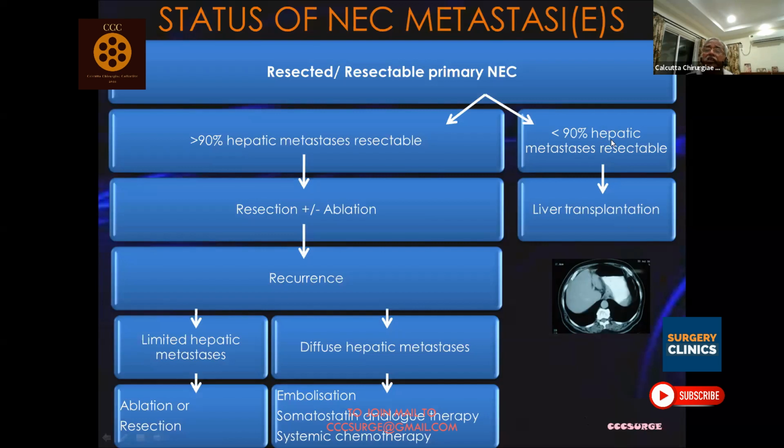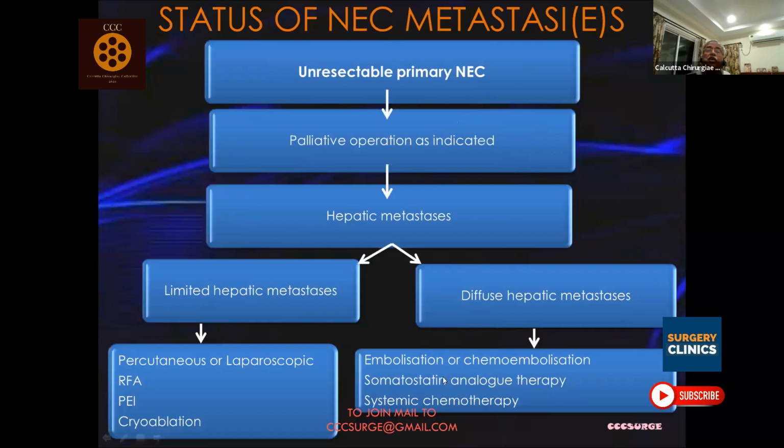So if you have less than 90% of hepatic metastases resectable, this is the only time, if you do not have any extrahepatic disease, that you may consider a liver transplantation. If you have an unresectable primary neuroendocrine tumor, palliative operations as indicated.